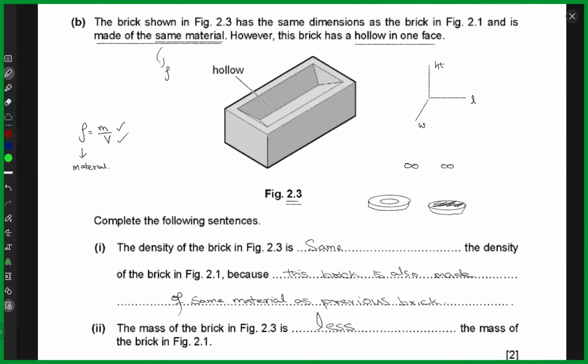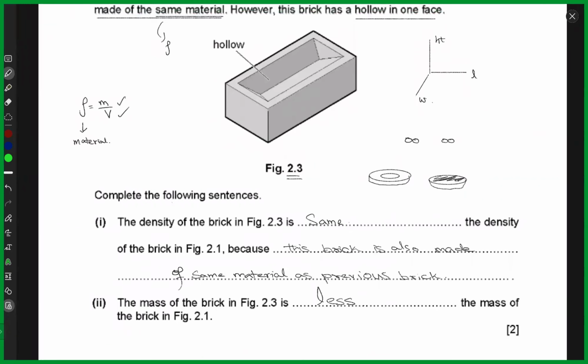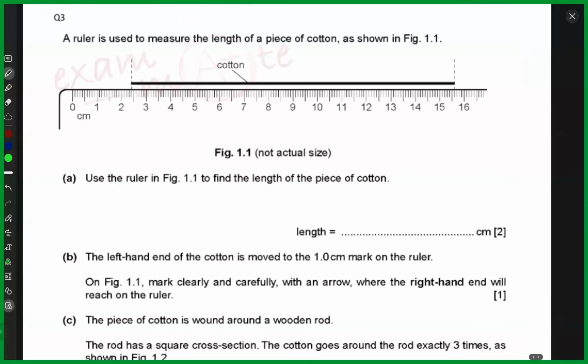Okay, great, good job. So everyone is getting it, right? Okay, good. So let's move on to the final question.